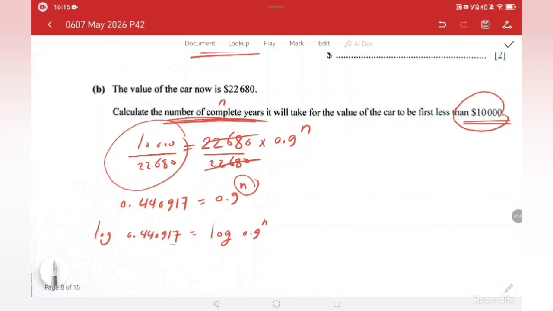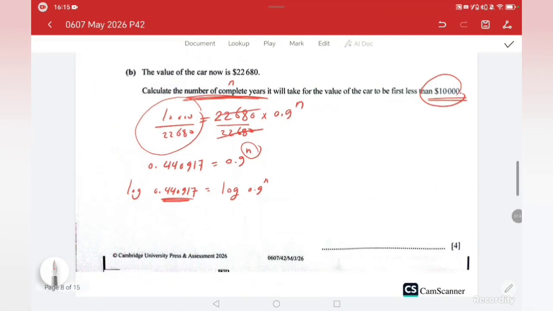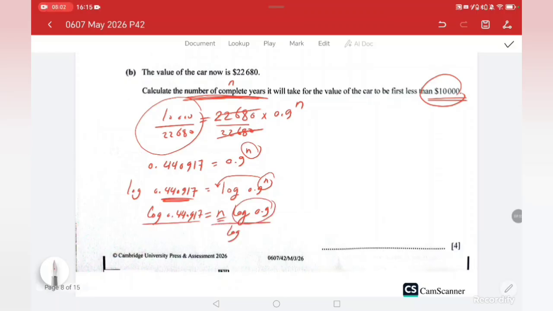You use the value from the calculator. So this n will be at the front. So n log 0.9 and log 0.440917. Now you can divide both sides by log 0.9.